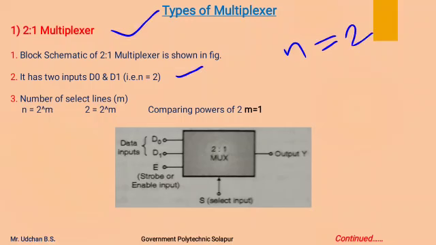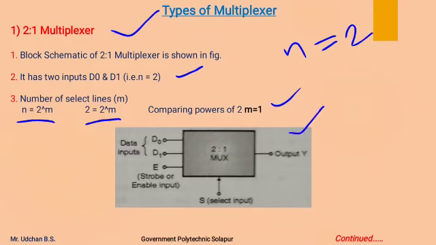Therefore, using this formula we can find the number of select lines required for this multiplexer. So 2 is equal to 2 raised to m. Comparing the powers of 2, we get m equal to 1. So we can say that the 2:1 multiplexer has one select line.